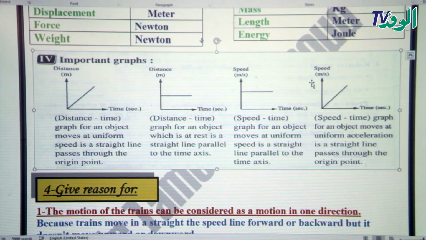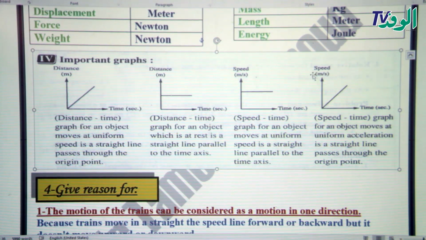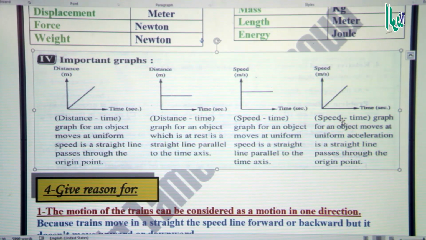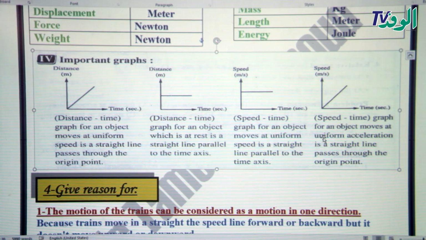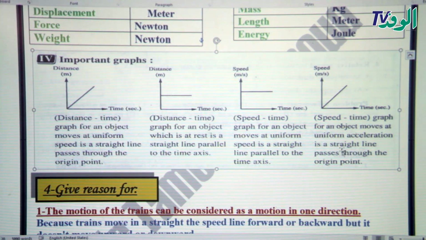But if I get a speed-time graph and we obtain a straight line that passes through the origin point, what does this graph represent? Yes, very good. It represents an object moving with a regular positive acceleration, or uniform acceleration, as we see.